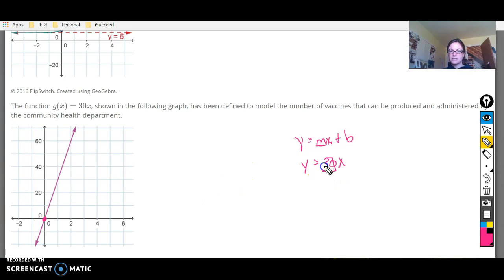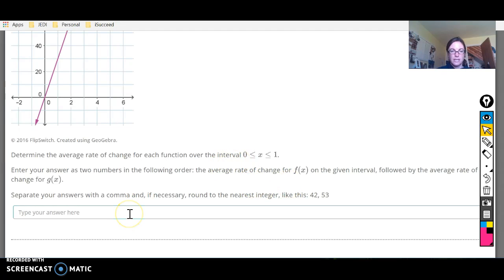So m is always going to be 30 for this particular linear function. And we could prove that because we can see that we're right here at 30. So 30 minus 0 over 1 minus 0 is simply 30. Okay, so the way I would enter this in is I would type 8 first because that's the exponential function, and then 30.